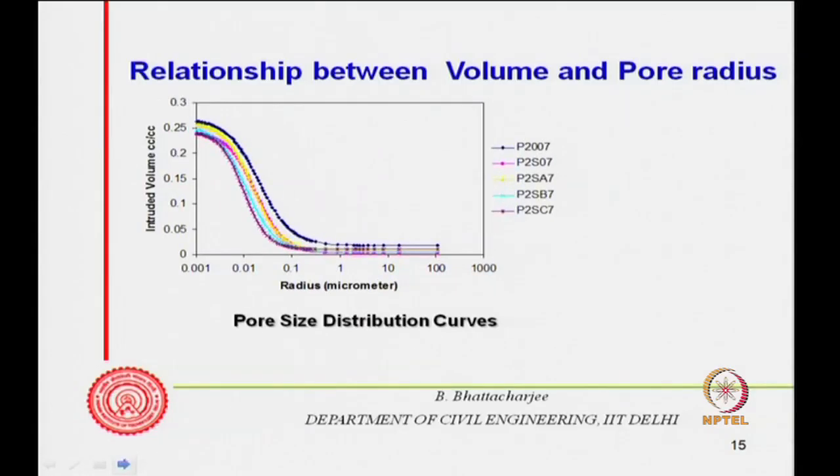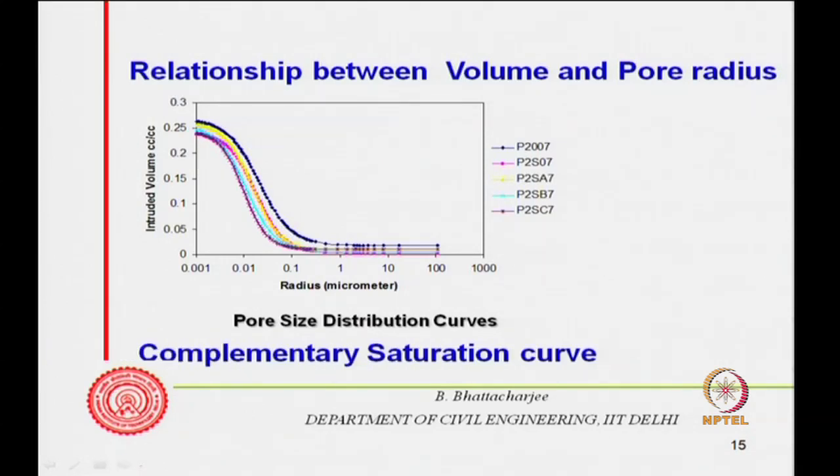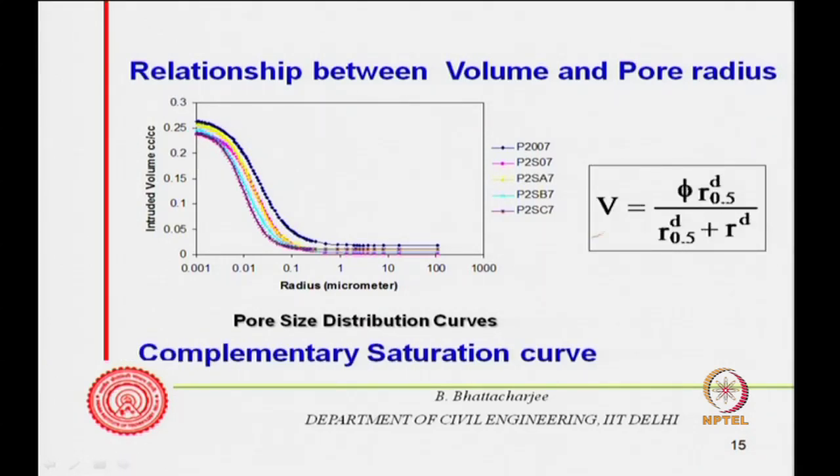All right. Now, the volume of pore and pore radius one can obtain from what is known as the pore size distribution curve. I will not go into the basis of this, but the volume of pores can be related to this mean radius, some dispersion coefficient and overall porosity.